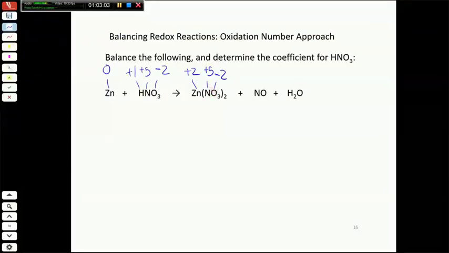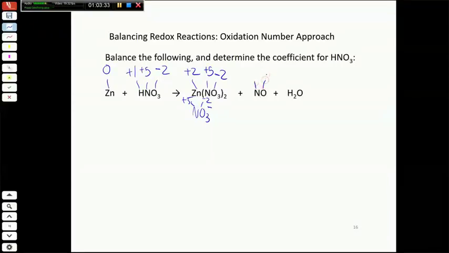If you just lose or gain protons, you don't change the oxidation number, and oxidation numbers refer to losing and gaining electrons. So we can quickly determine that if nitrogen starts as +5 and oxygen starts as -2 in nitric acid, it would be the same in nitrate. We could also do that the long way and recognize that NO3 minus is the anion. And if this is -2, this has to be +5. So there's a couple ways of getting that one, but we get +5 and -2 still for those ones.